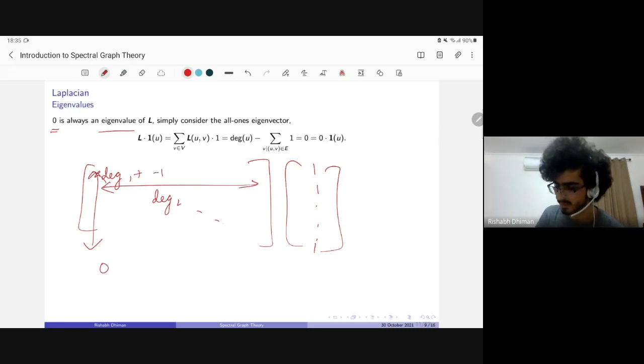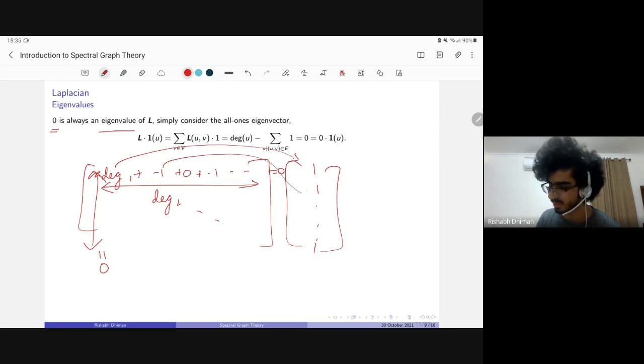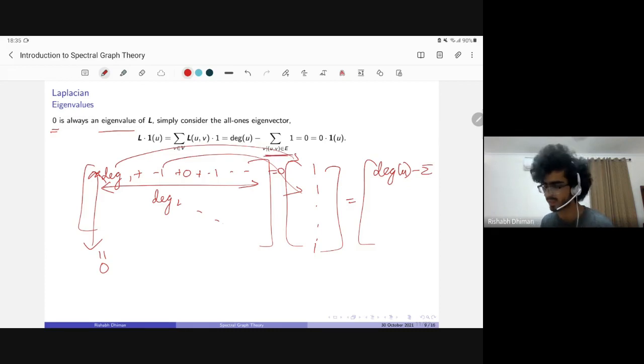There will be some -1 here, some zeros here, some -1 here, and so on. This sum is precisely 0. What this multiplication does is take this degree and multiply it by 1, take this -1 and multiply it by 1, and each row ends up being degree of u minus the number of edges, which is precisely 0.